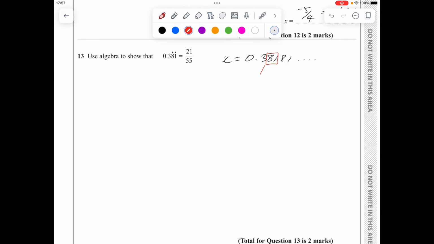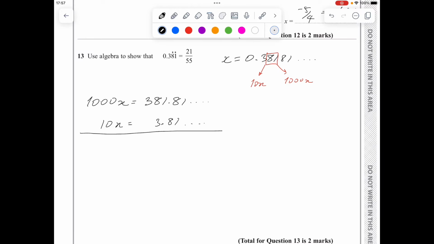So basically this is 10x, and this pattern ends 3 places after the decimal. So we get here 1000x. So what I'm going to do now is write 1000x equals to 381.81 and so on, while 10x is equal to 3.81 and so on.